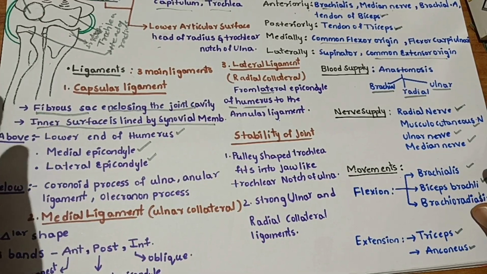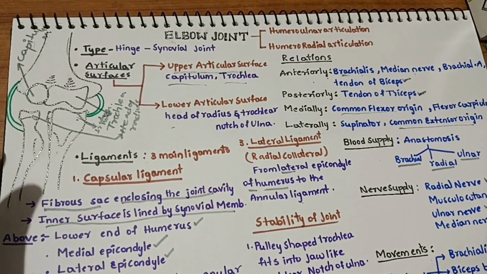Once again, the elbow joint is formed by two main articulations, humero-ulnar articulation and humero-radial articulation. It is a hinge type of synovial joint. The articular surfaces are the upper articular surfaces of the capitulum and trochlea, and the lower articular surfaces of the head of the radius and the trochlear notch of the ulna.